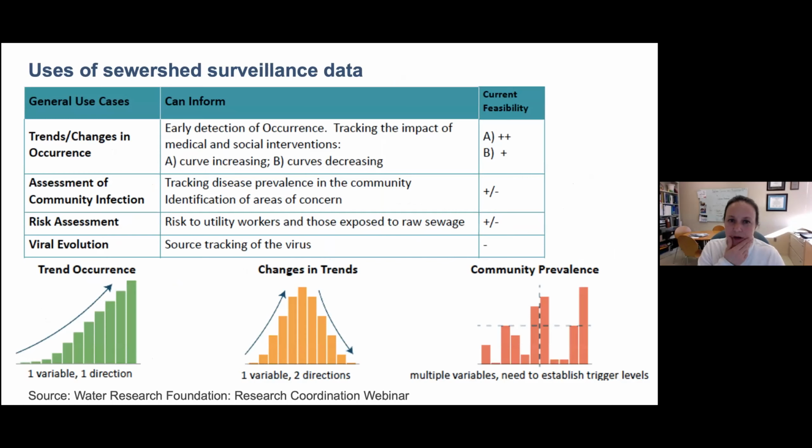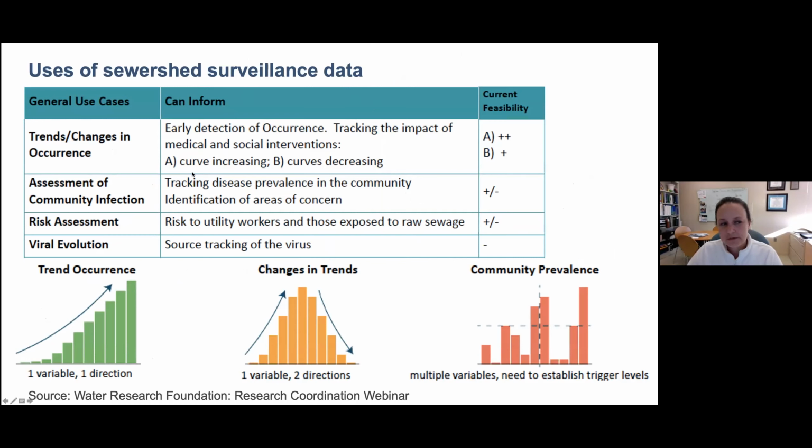I'll pause after this slide and see if there are any questions at this point. I want to say that there's a lot of potential for these methods. This is a slide from the Water Research Foundation, a professional organization that gathers wastewater professionals.